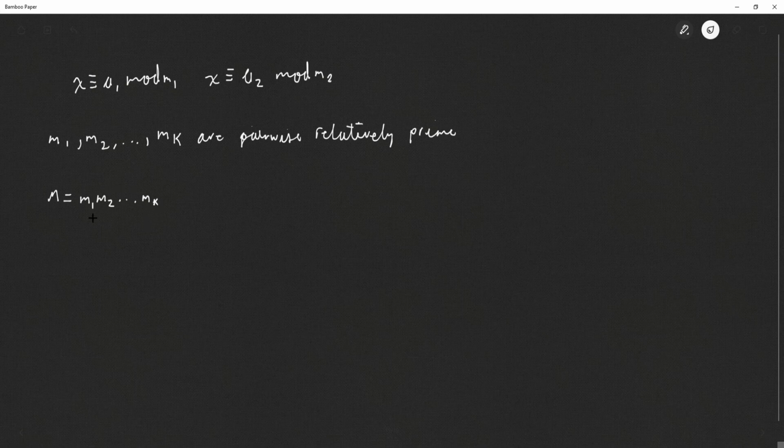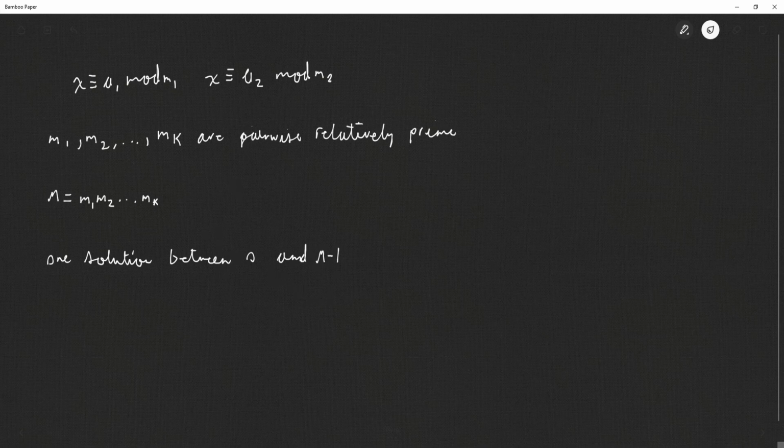In other words, there's exactly one solution between 0 and capital M minus 1.